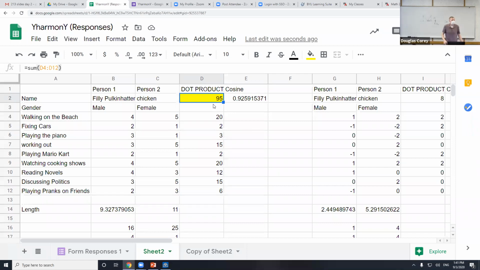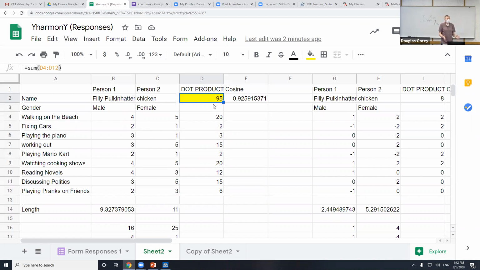But we actually have a problem with the way I set up this survey. What if someone picked 1, 1, 1, 1, 1, 1, 1, and someone picked 5, 5, 5, 5, 5, 5, 5? They shouldn't match up, because one person doesn't like any of these things, one person loves all of those things.